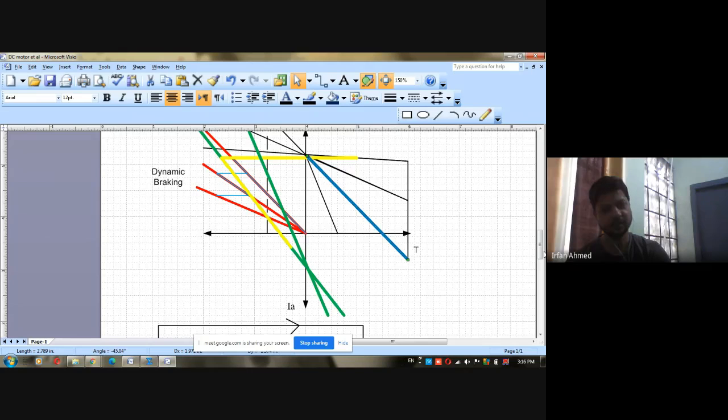You are not reversing the supply, but you are getting counter current braking or plugging. Okay? So these are also the speed torque characteristics under plugging. These are also under plugging, these are also under plugging. You can get plugging.